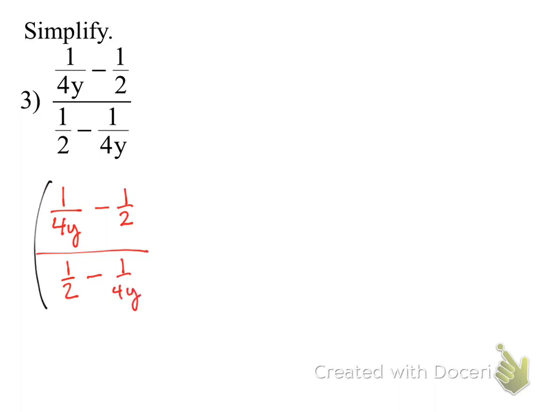And so as I multiply, I like to show 4y over 4y, right? And I'm doing 4y over 4y.